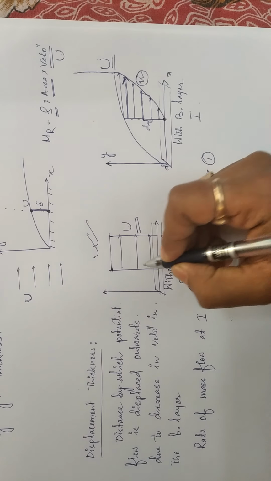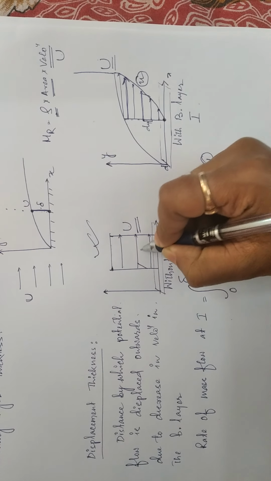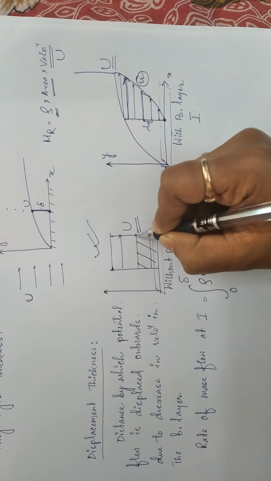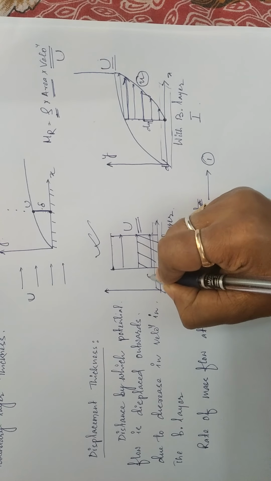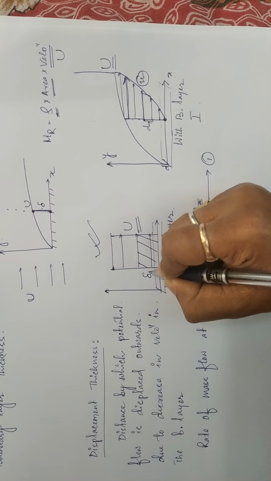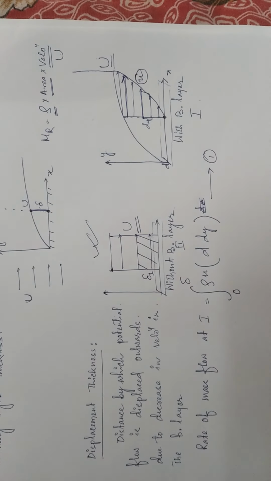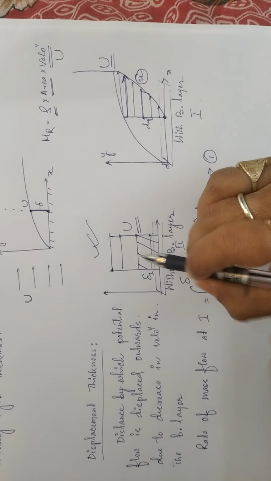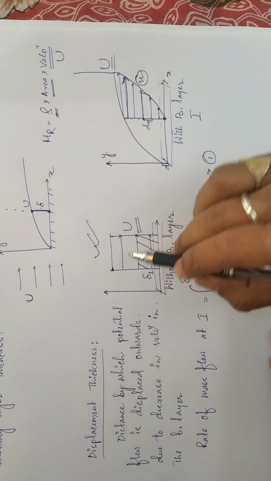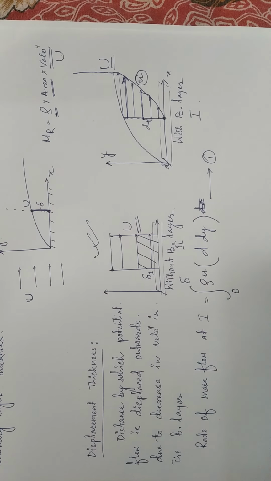Okay, so what we do, we reduce the height by some length delta 1. Okay, we are reducing the height. Why? Because our main aim is to get the same mass flow rate as our case 1.